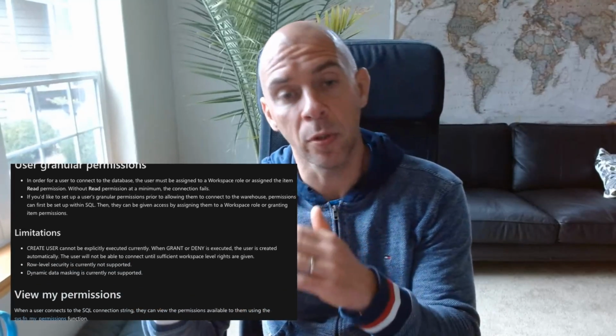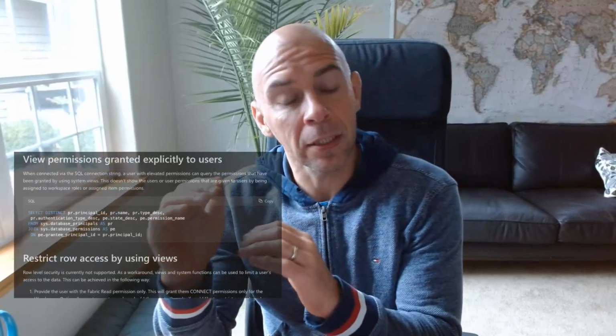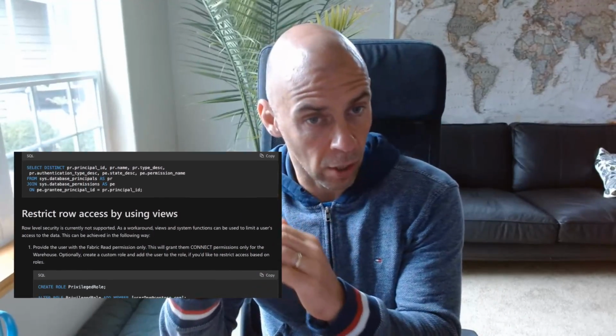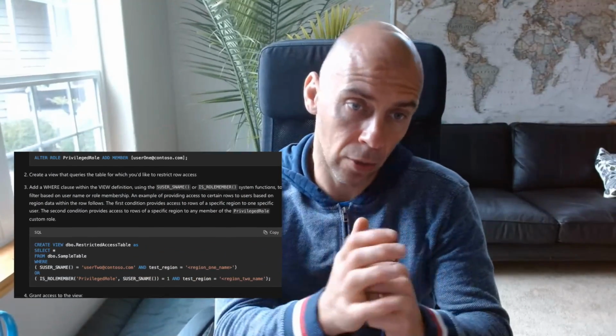So using SQL statements, you can manage each individual user's access to particular objects, which are tables in a data warehouse. That kind of access only applies to the data warehouse or SQL endpoint. It doesn't apply to the Lakehouse access.